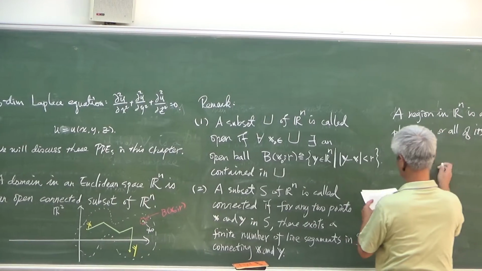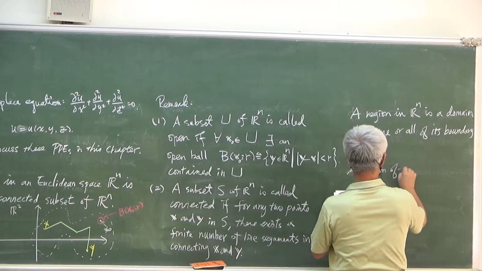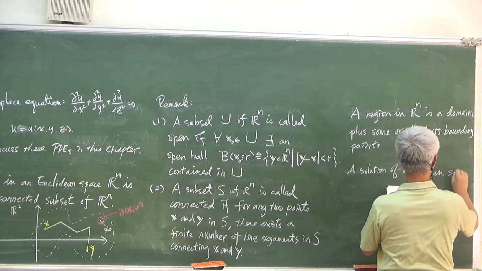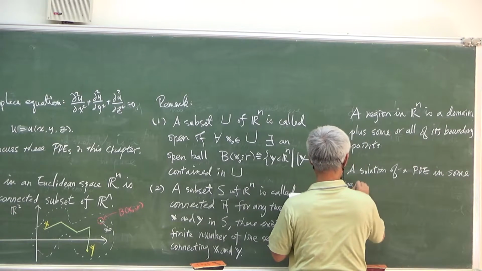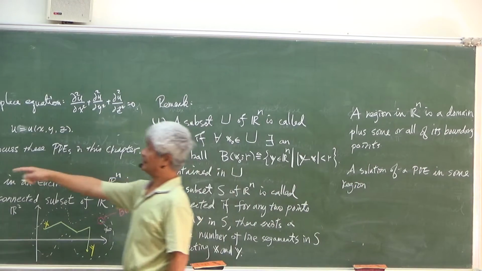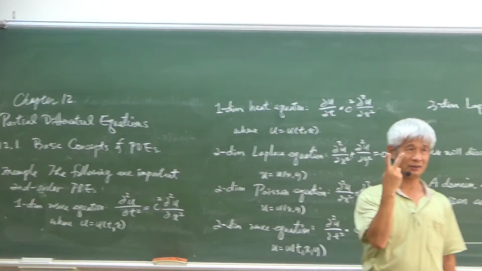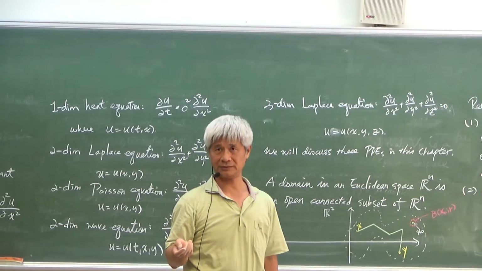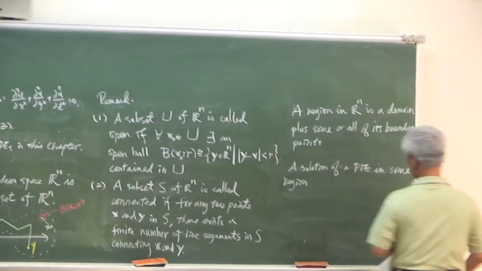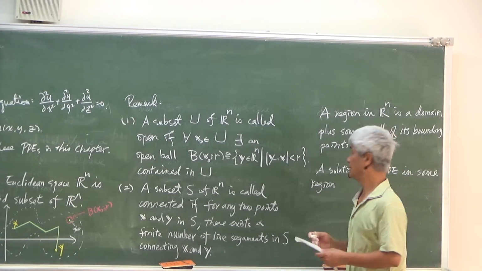Now, a solution of a partial differential equation in some region. We have to talk about regions because all these functions involve at least two independent variables, so you have to consider coordinate spaces, at least two-dimensional or three-dimensional spaces.